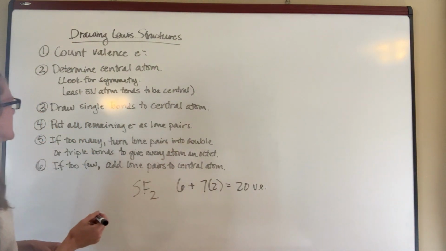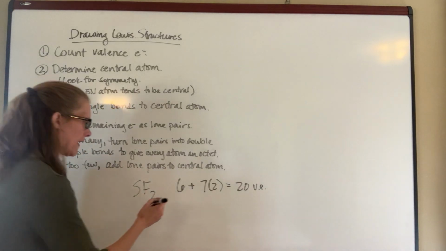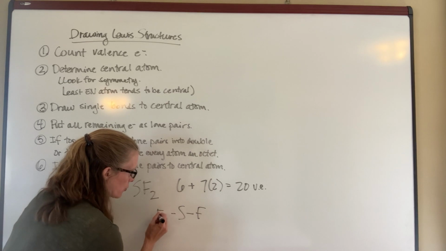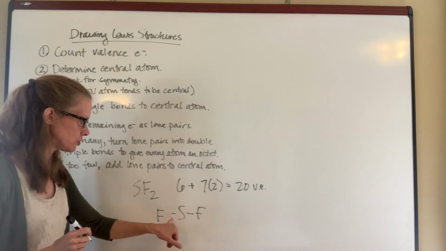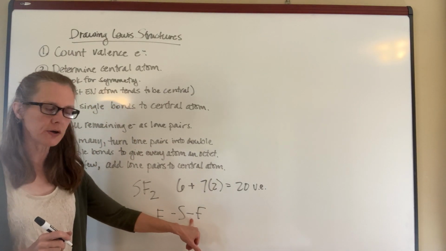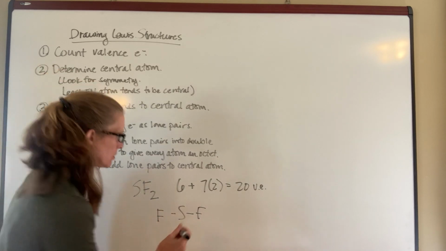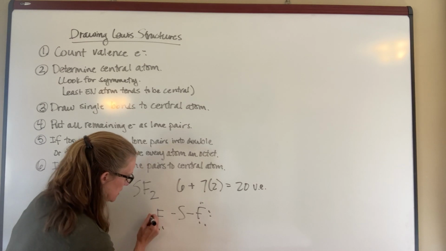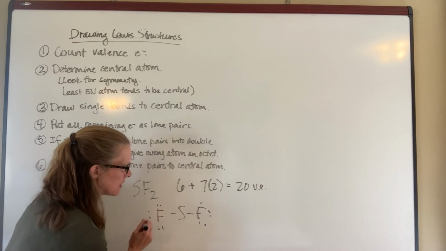Sulfur is going to be the least electronegative atom here. So I've got my sulfur and I'm going to bond my 2 fluorines to it. So I've used 2, 4. Now I'm going to start filling in with lone pairs.